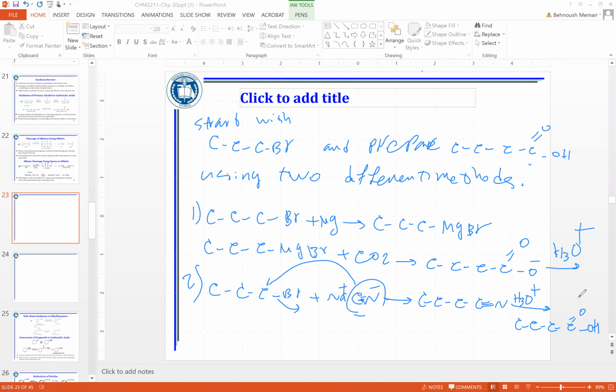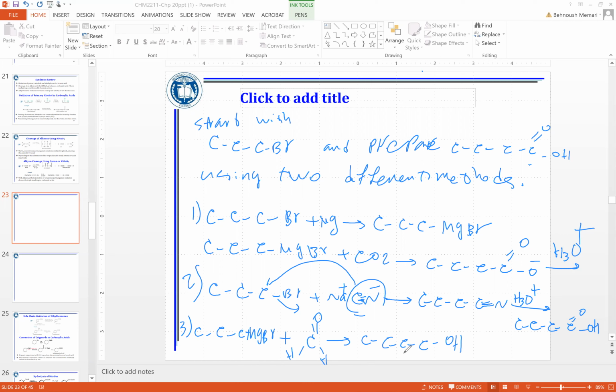Because after you make the Grignard reagent, and we already know how to make it, you can use different routes. Then you can add formaldehyde. What happens if you add formaldehyde to the Grignard reagent? You would get a primary alcohol with the addition of 1 carbon.